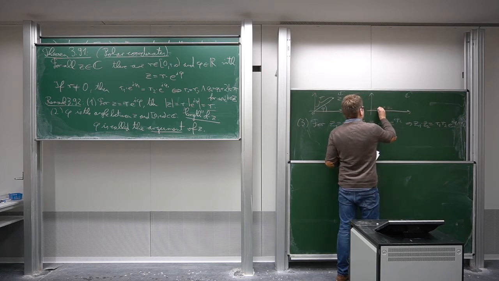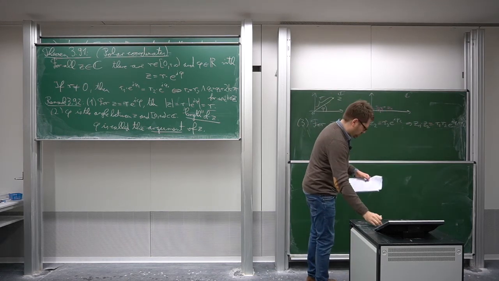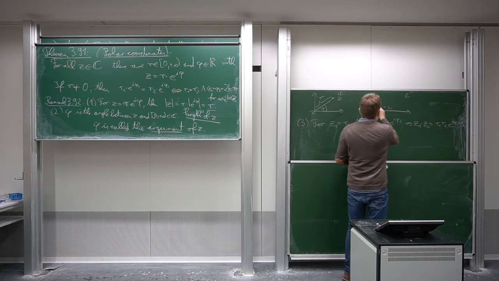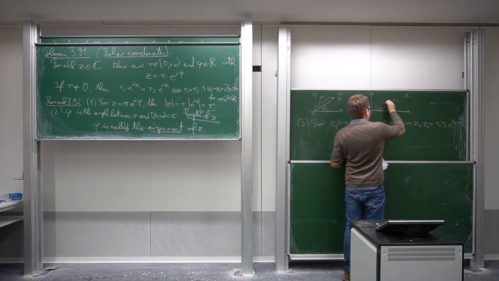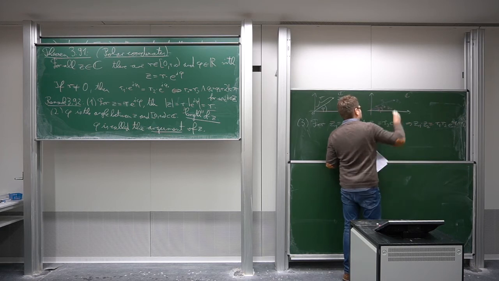So this would be the angle phi 1, and here we would have the length r1. Now, assume we have z2, which would be something like this. So this angle here is phi 2, and the length here is r2.